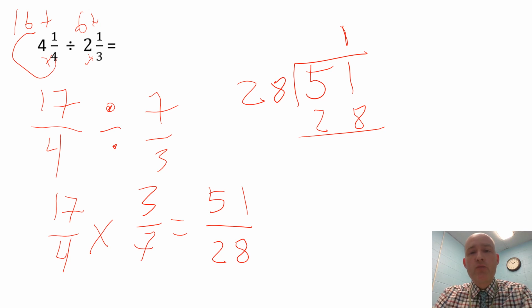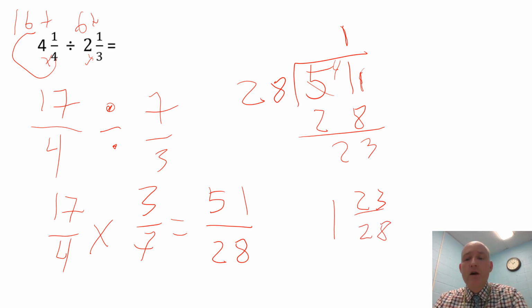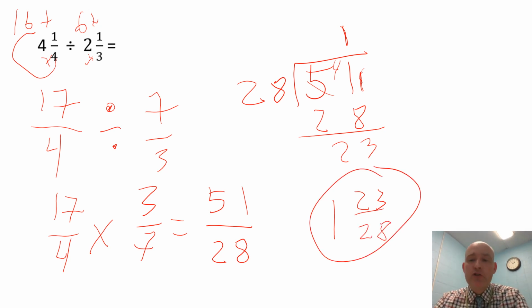And once I have 28, I subtract. 51 minus 28 is 23. And now I have 1 and 23/28. All right, and that should be your last question.